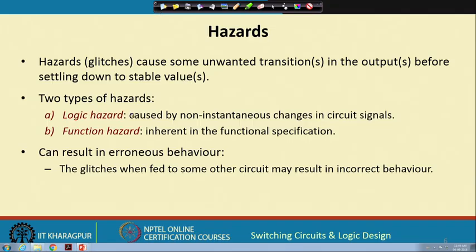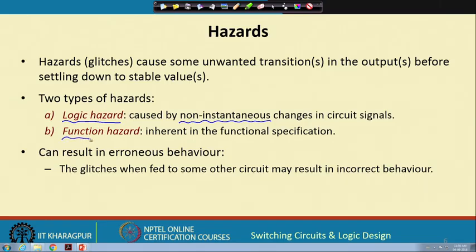There are two types of hazards we normally talk about. One is the example I gave. This is called logic hazard. They are caused by changes in the circuit signal. Because of the delays in the gates, the changes will take some time. They are non-instantaneous.